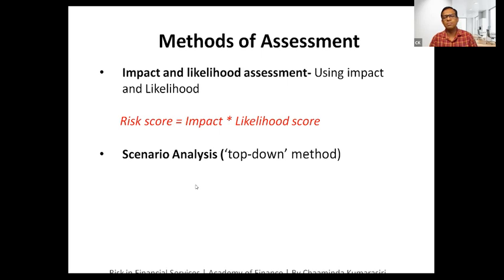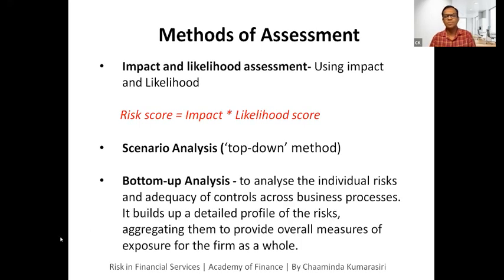So it could be best case, worst case, most likely case kind of a scenario, or probably even beyond that, depending on how you want the stages. Then we have something called the bottom-up approach. In the scenario approach, you first decide the scenario and then go down to suit that.